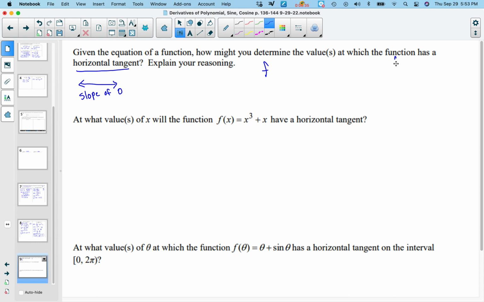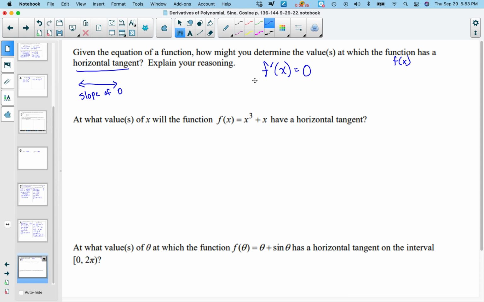If my function is f of x, then if I take f prime of x and set it equal to 0, that's going to tell me where, because this represents the slope of my tangent line. I want to know when the slope of my tangent line is 0, because that tells me the horizontal tangent. So we're going to set the derivative equal to 0.